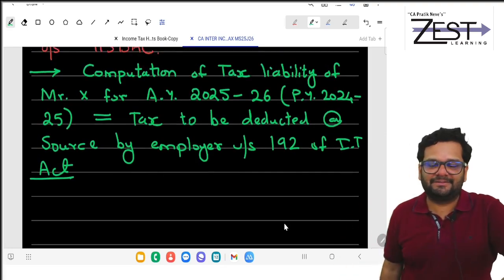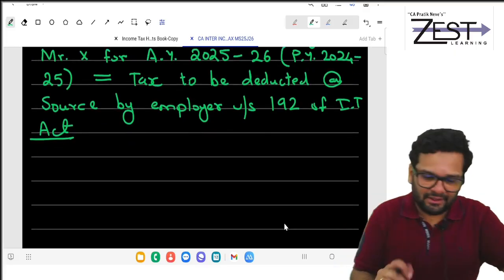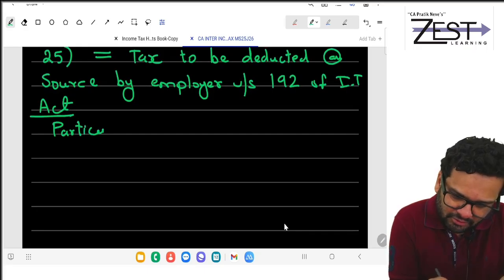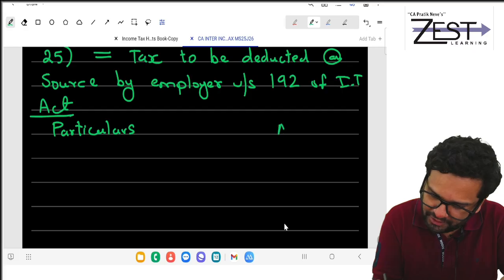Heading is clear? Yes, sir, absolutely. Particulars, amount in terms of rupees. What option do we have?